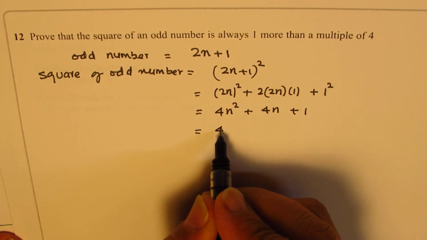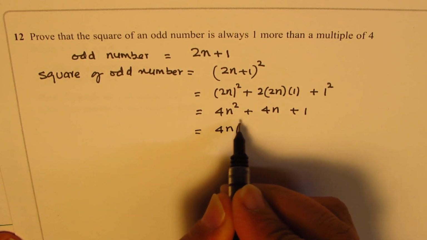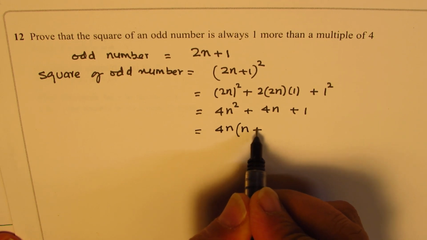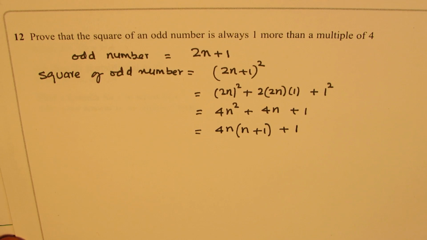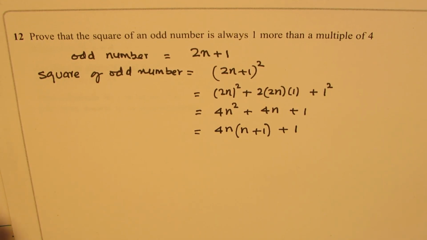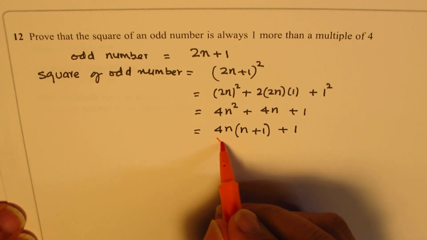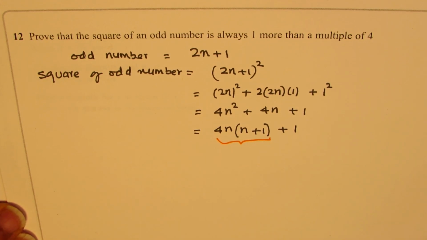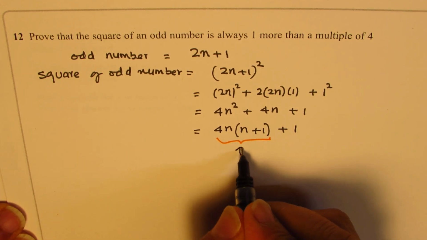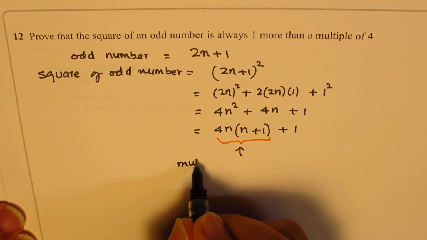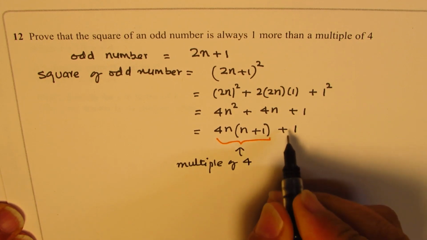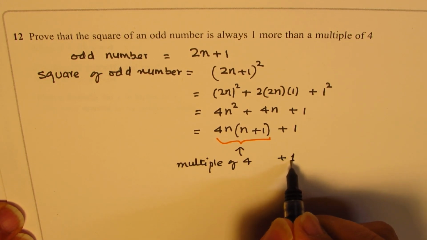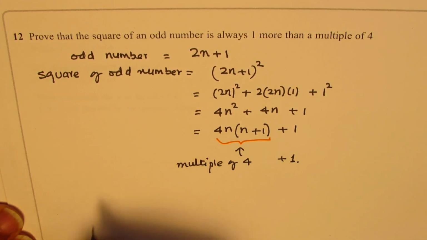So we can take 4n common and we get 4n(n plus 1) plus 1. Now as you can see here, the first term is a multiple of 4. And to this multiple we are adding 1, right? So that is how you can prove.